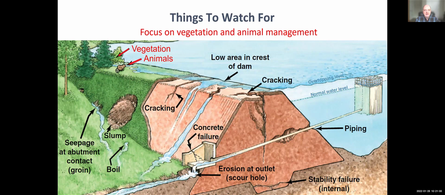So we're looking for the presence of vegetation and animals and animal burrows, but we're always worried about things like piping, where you have internal erosion or cracking, or slumping and landslides, or suddenly excess seepage that didn't occur before starting to occur, or a boil. We'll see some examples of boils in our workshops today and on Wednesday. So those are things you're always looking for: distress and damage, because they could be indicators of things happening internally that might be very important.